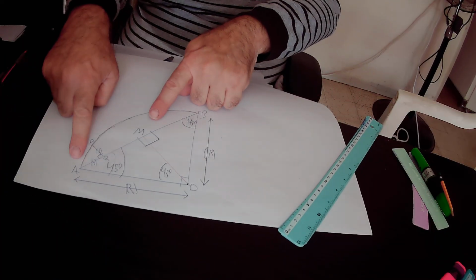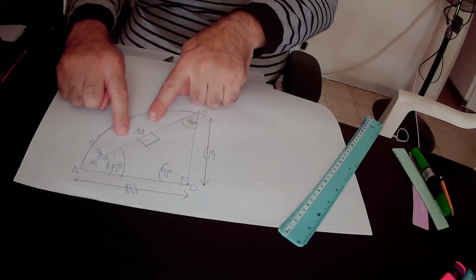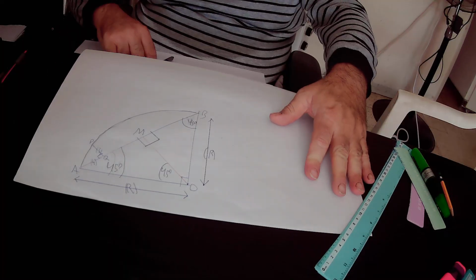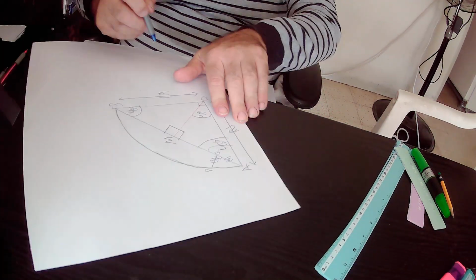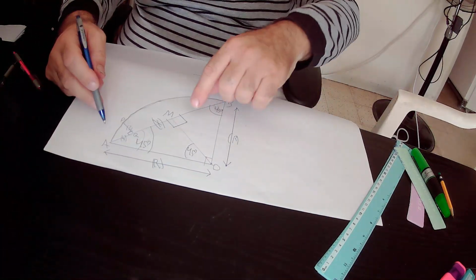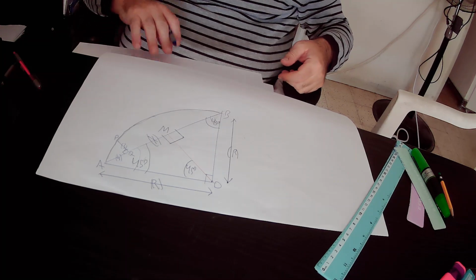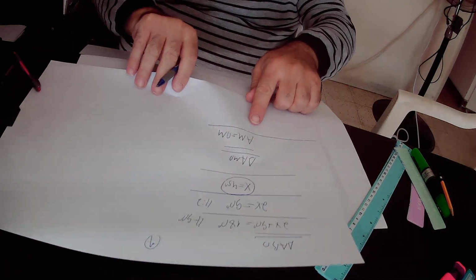But AM in total equals 4 plus OM. So we define the length of side OM as X. So the length of side AM is equal to 4 plus X, or X plus 4. You can write here that AM equals X plus 4.